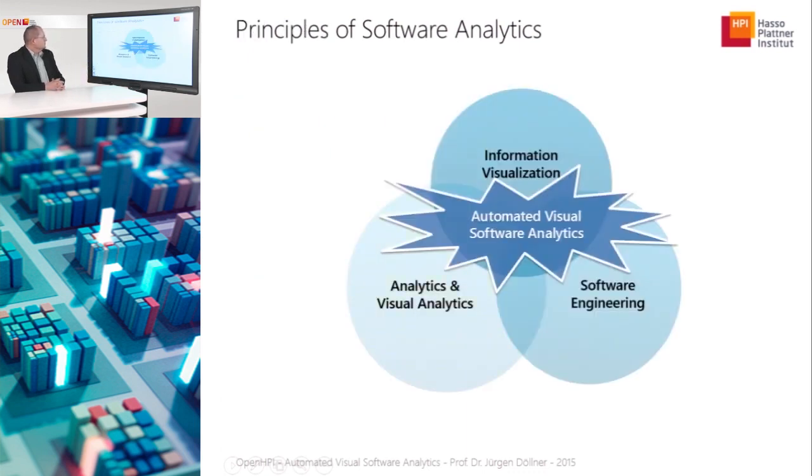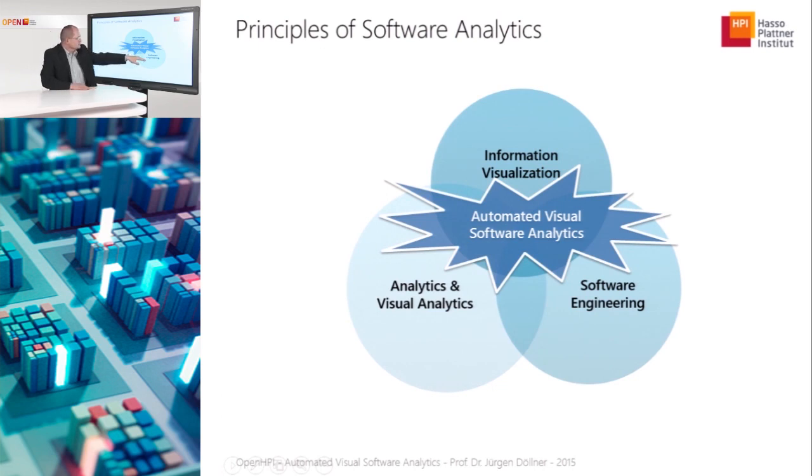Let's see how visual software analytics or automated visual software analytics is positioned within the scientific fields that are involved. Software analytics, and more precisely automated visual software analytics, uses findings from analytics and visual analytics, so it's a specialized form of visual analytics.